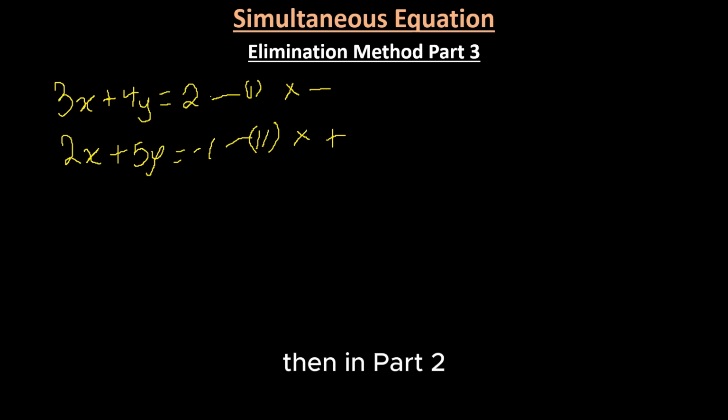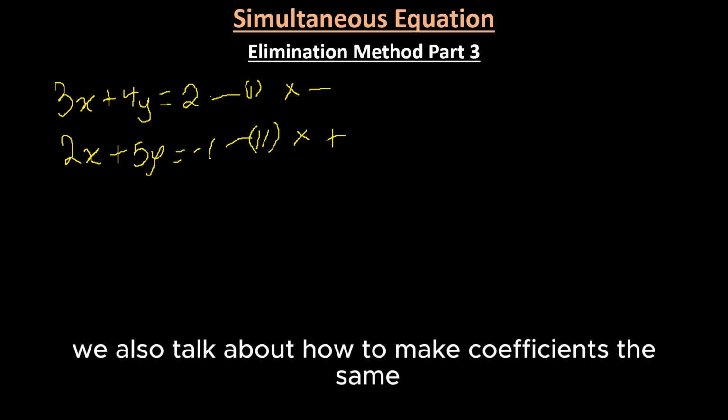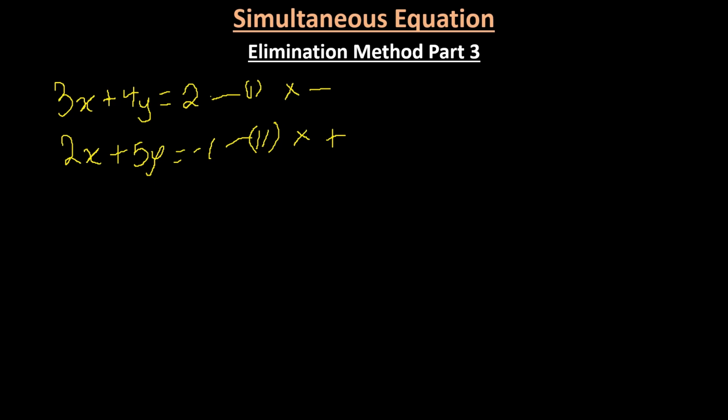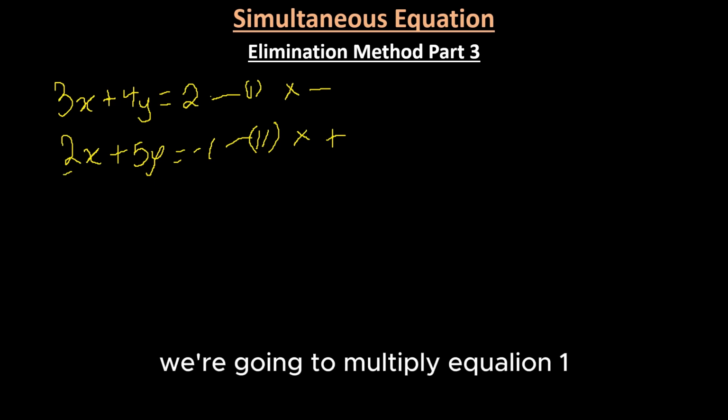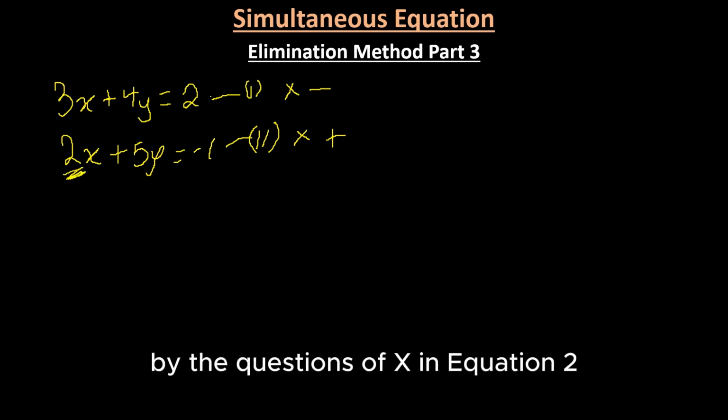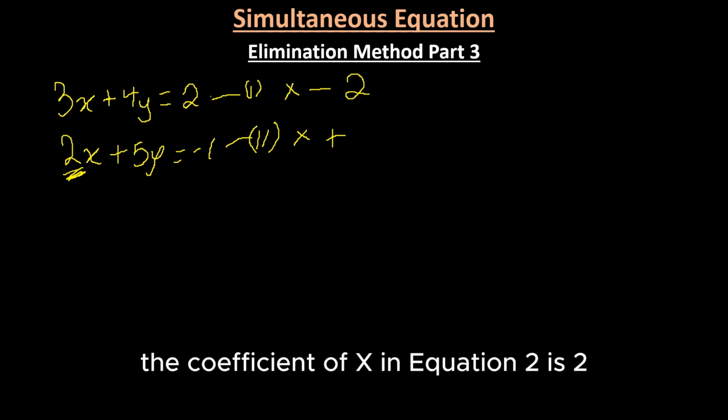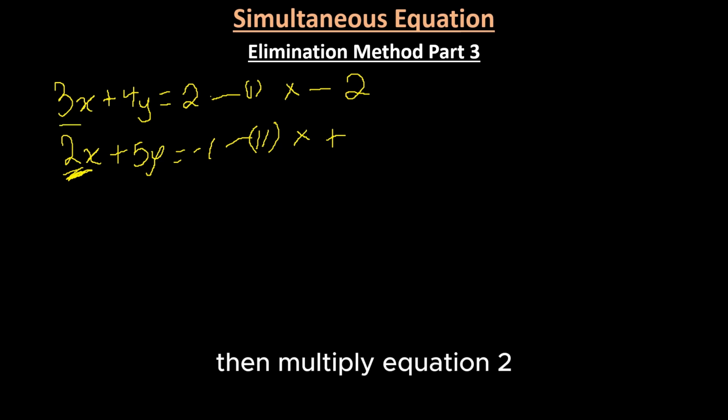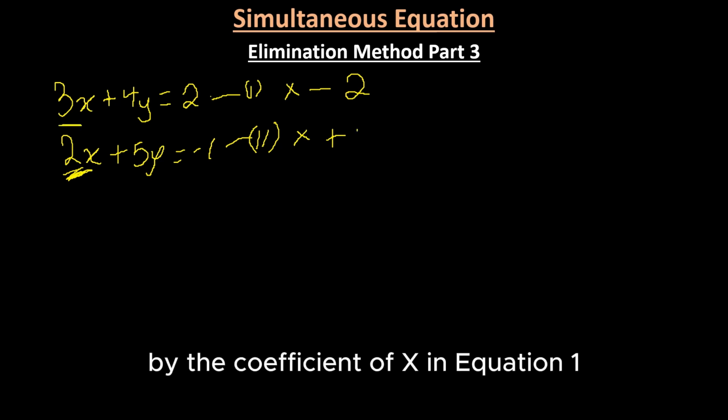Then in part 2, we also talked about how to make the coefficients the same. How do we do that? For example, if we are eliminating x, we're going to multiply equation 1 by the coefficient of x in equation 2. The coefficient of x in equation 2 is 2. Then multiply equation 2 by the coefficient of x in equation 1.